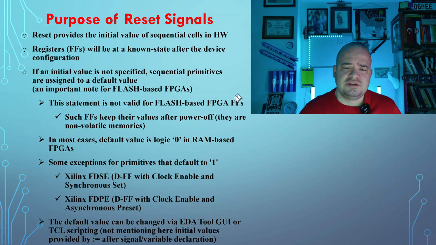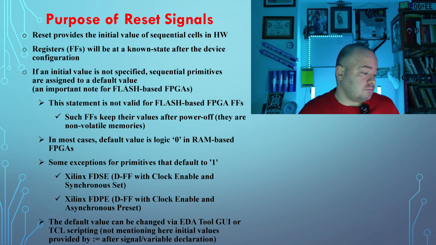Their behavior, which we will be explaining soon, is different compared to RAM-based FPGAs, because this statement is not valid for flash-based FPGA flip-flops. They are non-volatile memories, and such flip-flops keep their values after the last power off.